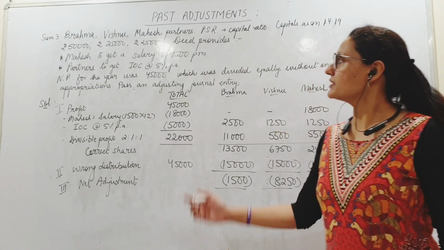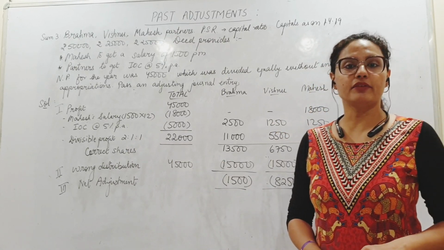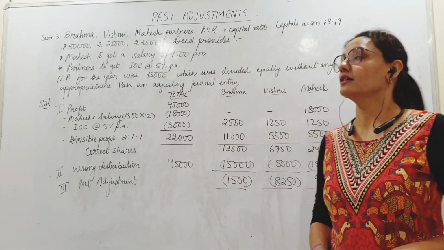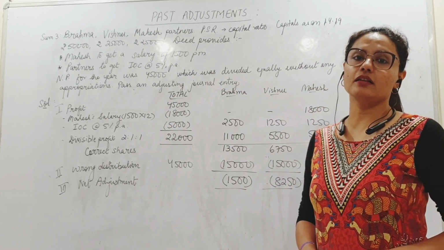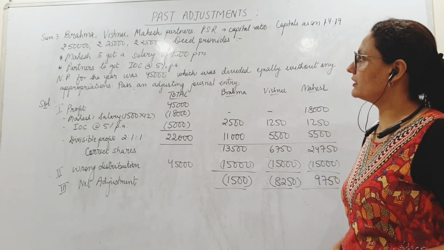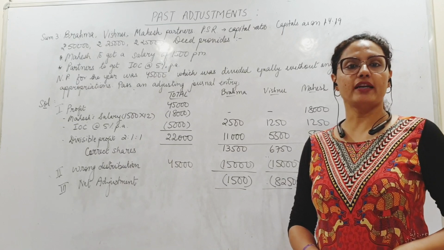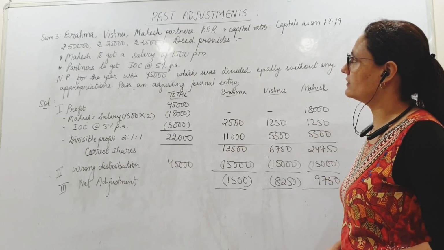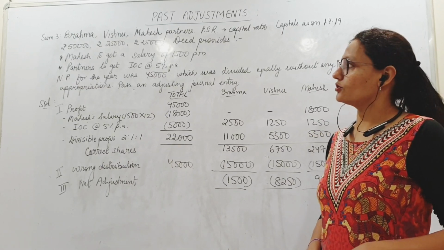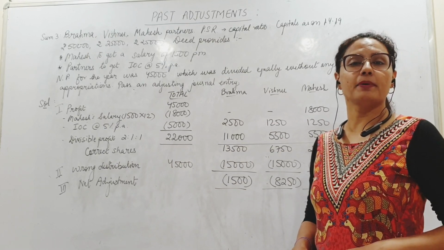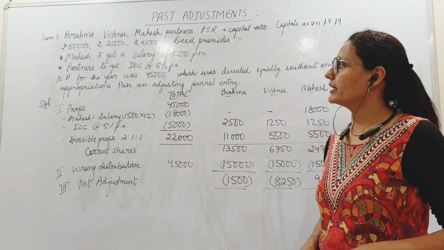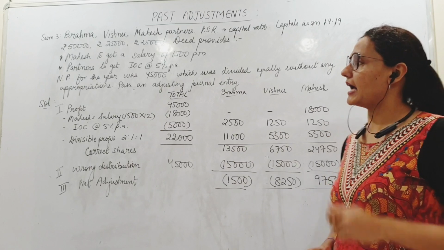One more, last sum, the last sum number 3. Brahma, Vishnu, Mahesh were 3 partners sharing profits in their capital ratio. Their capital balances are given as 50,000, 25,000 and 25,000 respectively. The deed provides Mahesh to get a salary of 1,500 per month and partners to get interest on capital at 5% per annum.